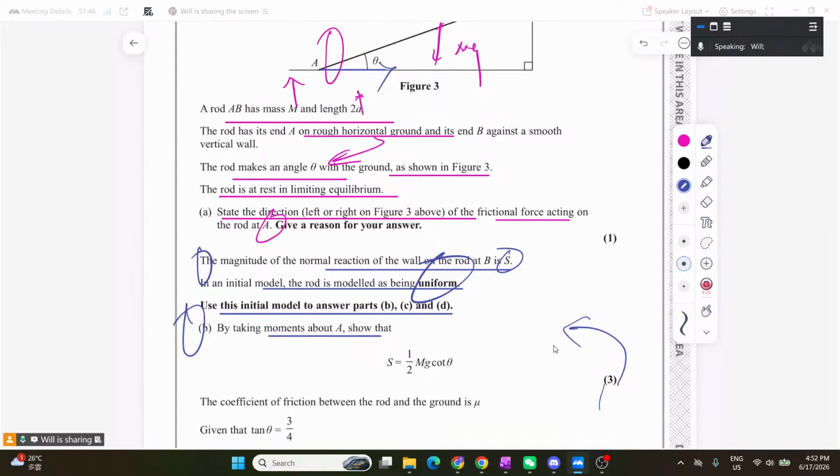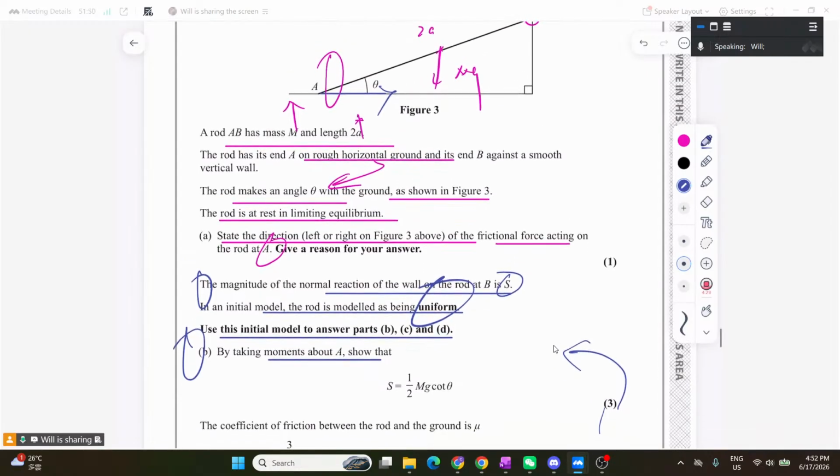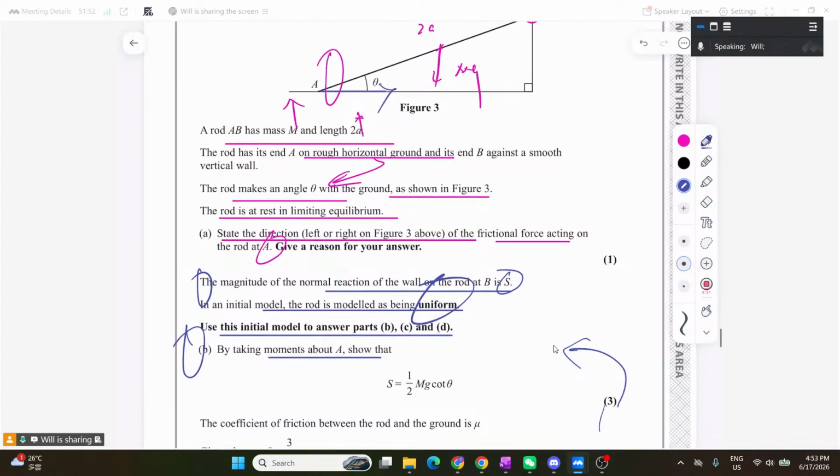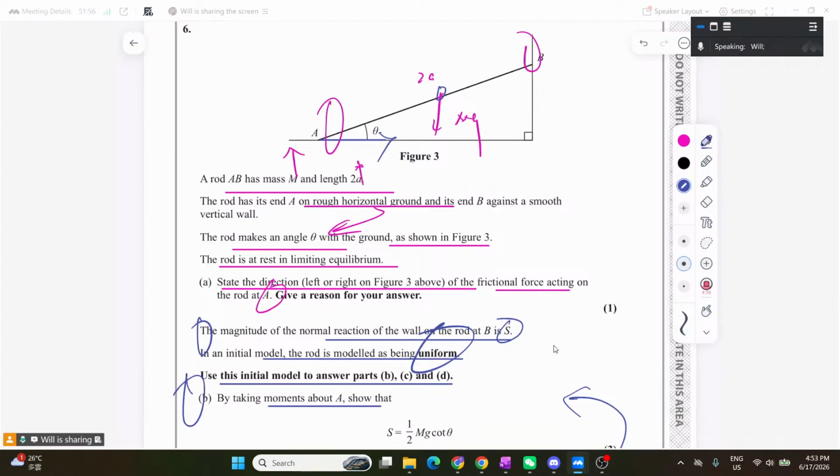If we want to take the moment, taking the moment at point A. First we know the weight, here's the weight. The weight at the midpoint will produce the clockwise moment.